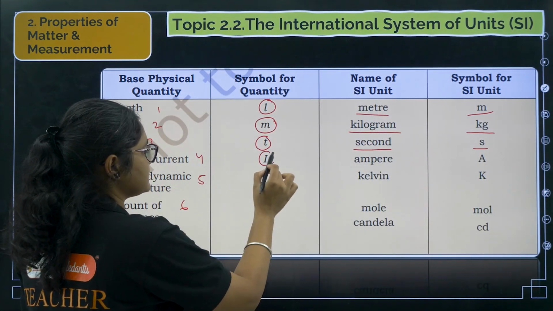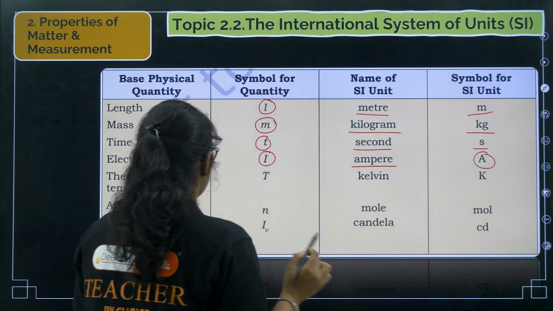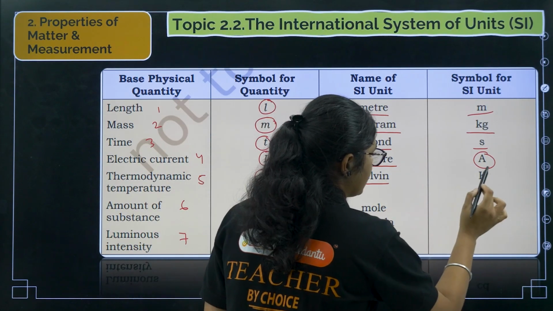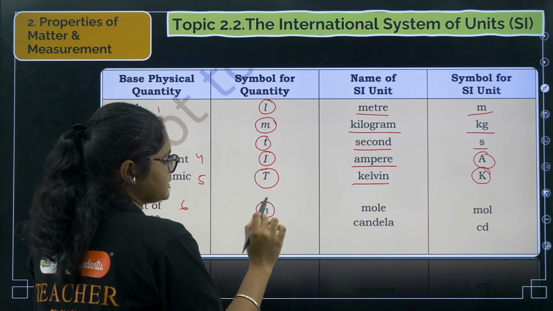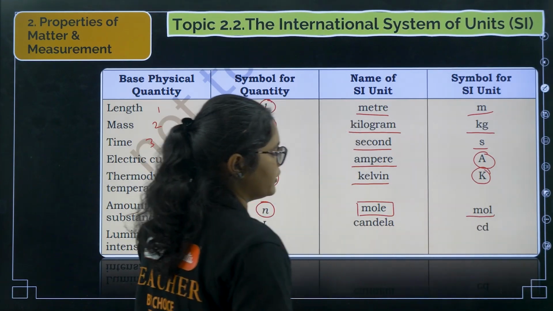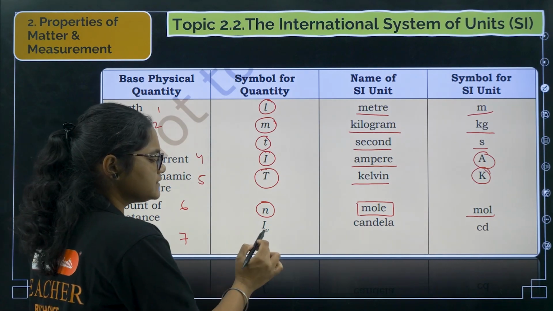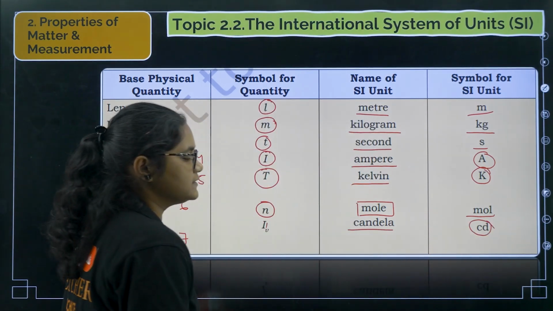Similarly, electric current is capital I, the unit is ampere, capital A. Next, thermodynamic temperature is capital T, the unit is Kelvin, represented as capital K. Next, amount of substance is small n, the unit is mole, represented as mol. Next, luminous intensity, symbol Iv, the unit is candela, represented as cd.